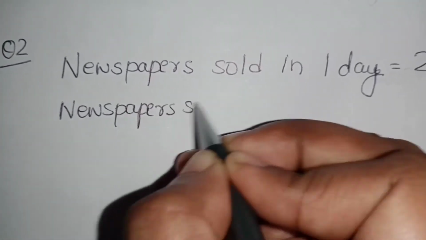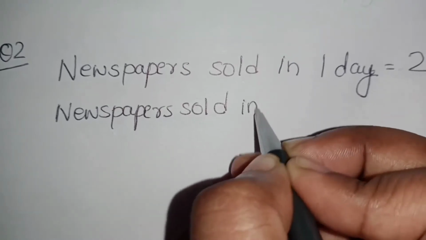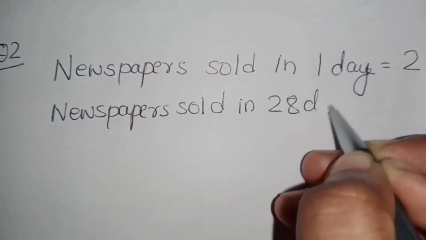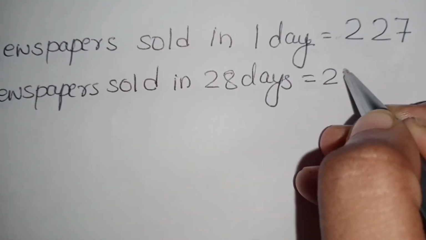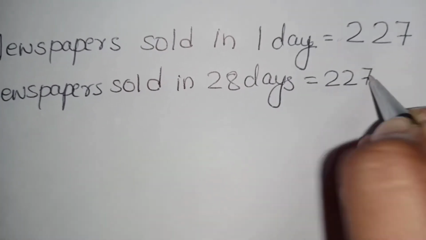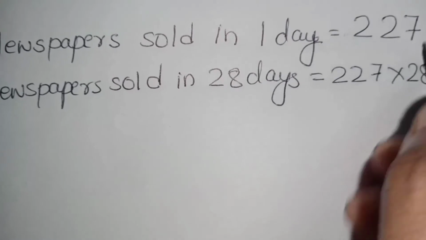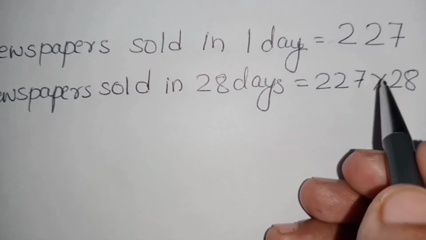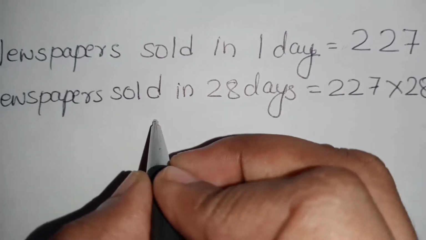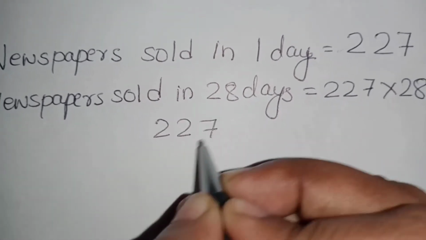Newspapers sold in 28 days. Okay, so what do you have to do? 227 into 28. So in one day, how many newspapers? 227. So in 28 days, how many newspapers? We have to multiply. Okay, so now let's multiply.